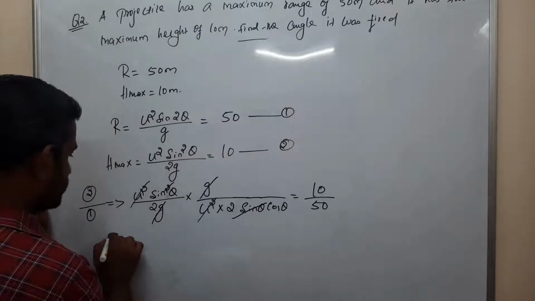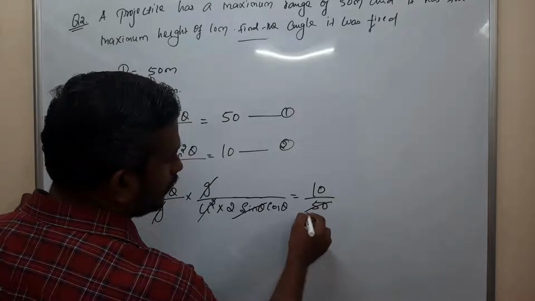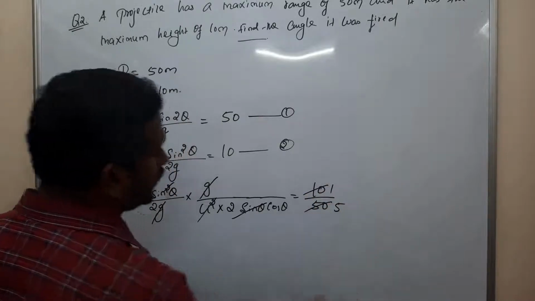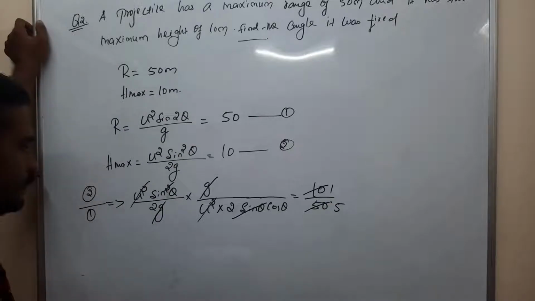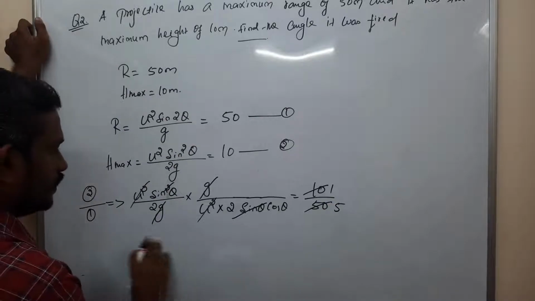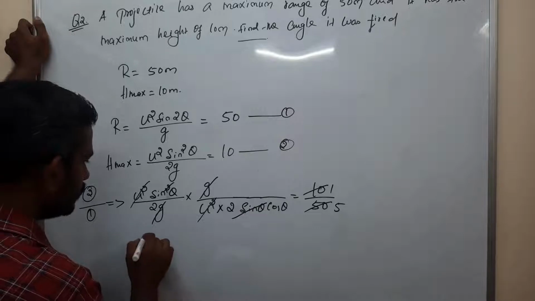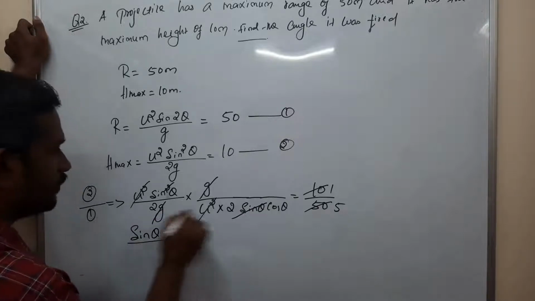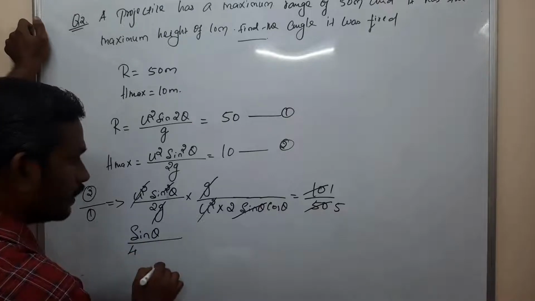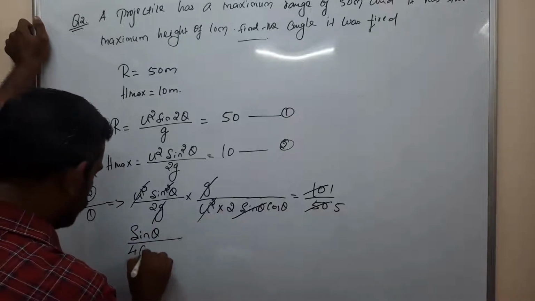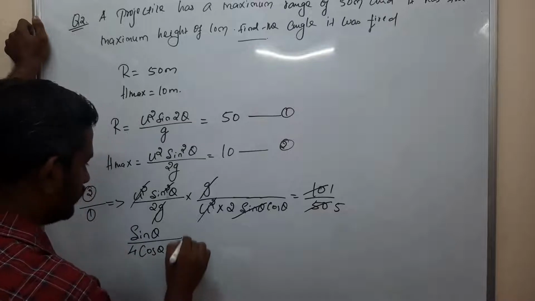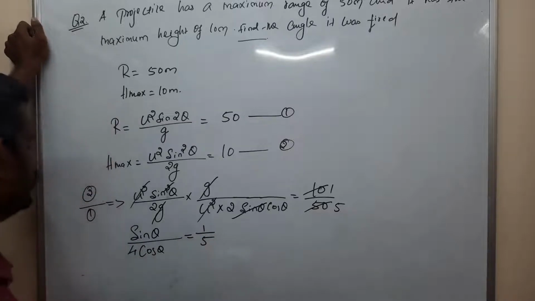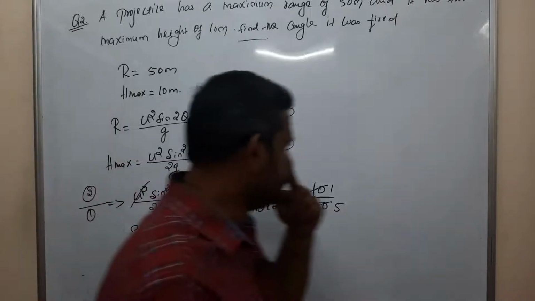So 50 is 5 times 10. What is remaining? Sine theta divided by 4 cos theta, 2 into 2 is 4, is equal to 1 divided by 5.